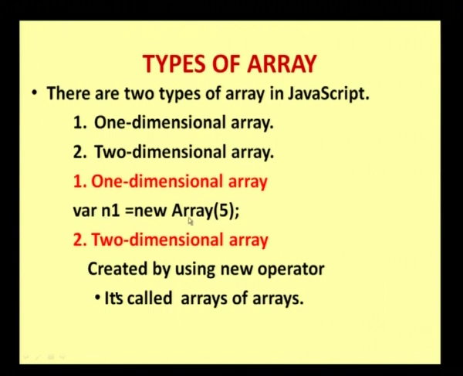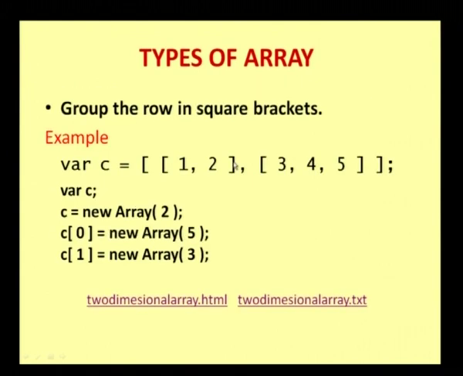var n1 = new Array(5). This consists of only rows, no columns, whereas a two-dimensional array consists of rows and columns. We can also create a two-dimensional array using the new operator as usual. A two-dimensional array is called an array of arrays, since it has that appearance, and each row in the array is enclosed with square brackets, which indicates it is a row.